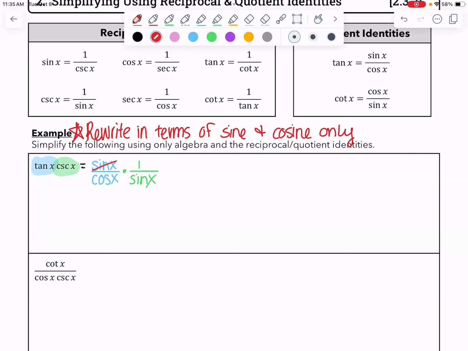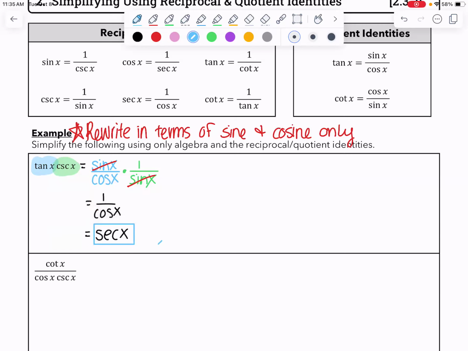I see a sine x on top, a sine x on bottom. This simplifies to 1 over cosine x. And I know by the reciprocal identity, that 1 over cosine x there, that is secant x. And that is as simplified as I can make it. That's my final answer.